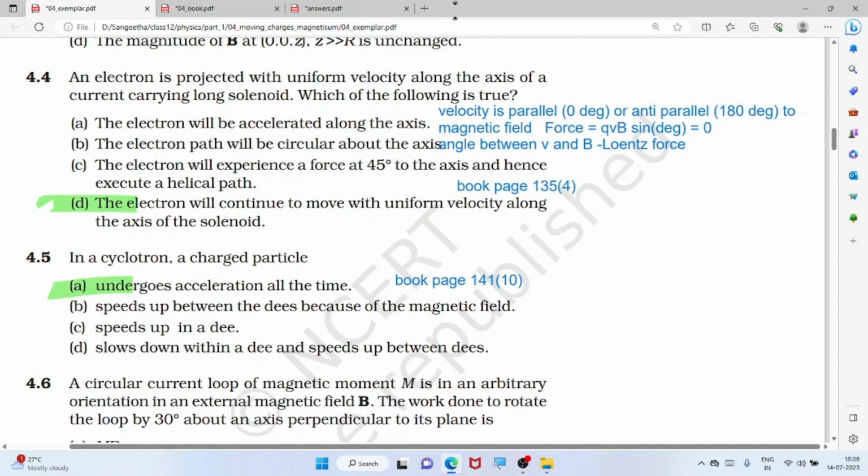The force will be qV sin theta, and the angle between V and B is 0, so the force will be 0. So it will not have any effect on the moving electron. There is no force because the solenoid's magnetic field is also along its axis. The electron will continue to move with uniform velocity along the axis of the solenoid.